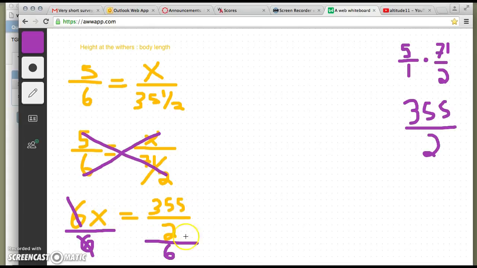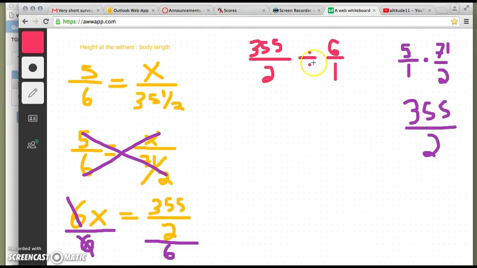And we need to perform this division over here on the right-hand side. So we have our fraction, 355 over 2, and we need to divide this by 6, aka 6 over 1.